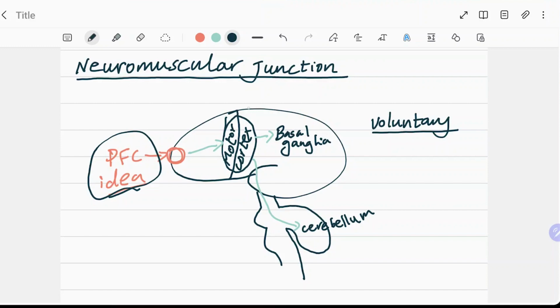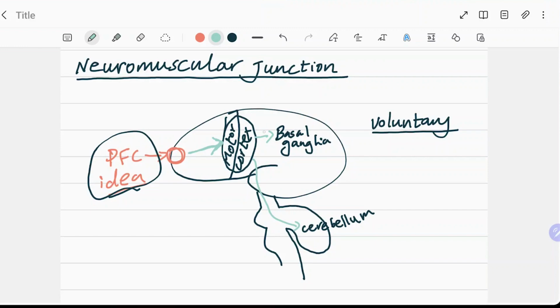So from here, now the idea has to manifest into reality. You could see this green arrow that's pointing over here, and this is where the order goes to the motor cortex, the intention, the idea of having to pick up a pen or whatever the intention is.